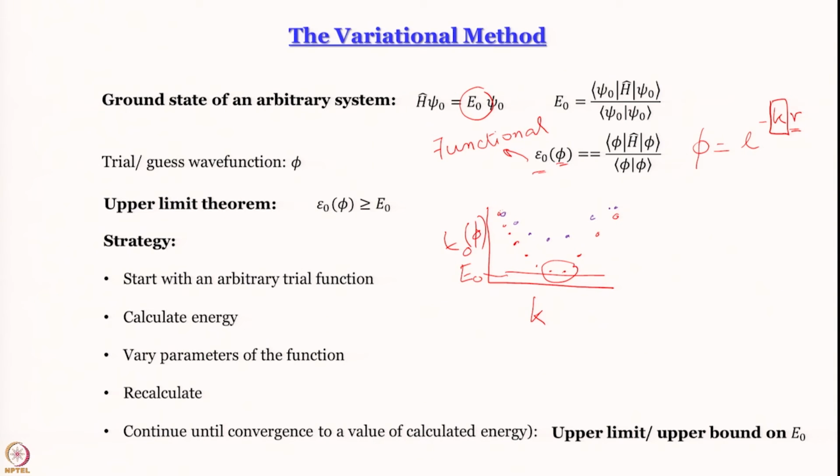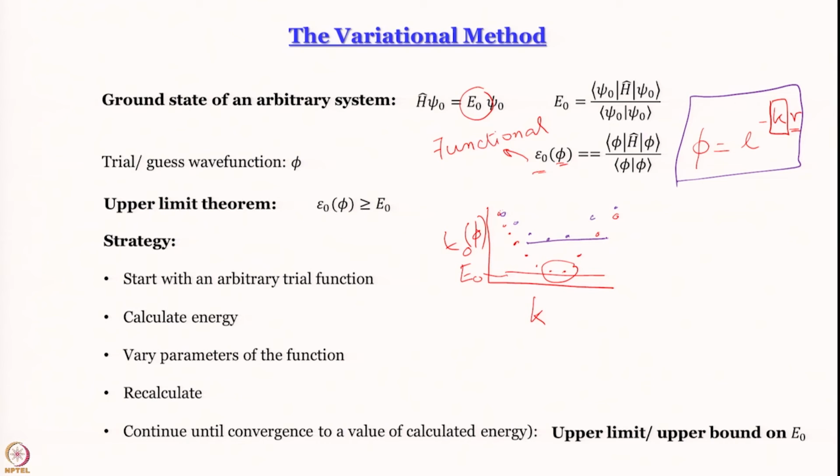That means that whatever trial function you have taken, that is not sufficient. You need a more complicated function. So, suppose I have started with phi equal to e to the power minus kr and I am not getting correct convergence. I mean I get it, but the result I get is very far away from experimental values of energy.